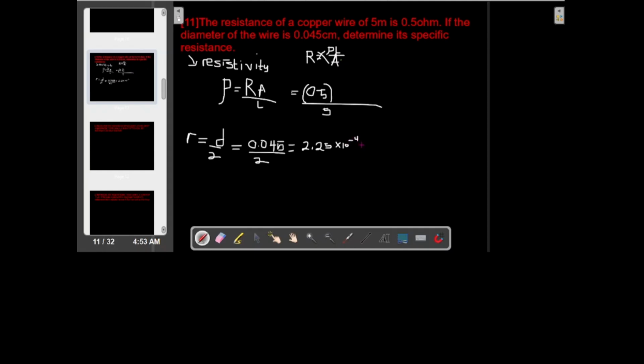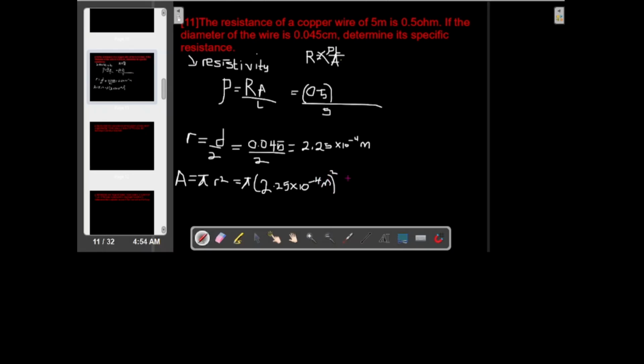All right. Now this is in meter. Now I can go ahead to calculate the area, which is pi r squared, which is equal to pi open bracket r radius, which is 2.25 times 10 to the negative 4 meter, and then squared.